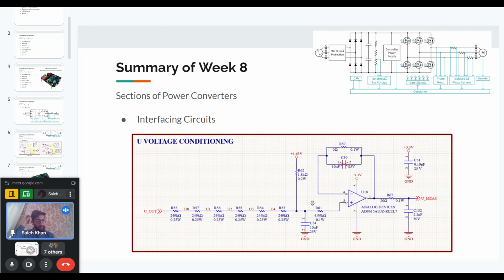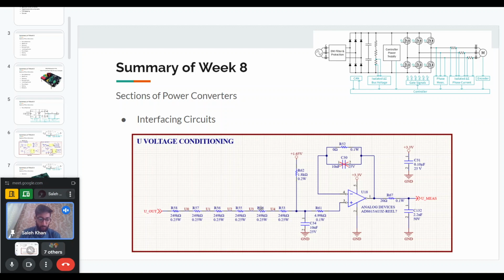What this means is your controller and your power converter may have different requirements, different voltage ratings and different current ratings. That is why we sometimes require some additional circuitry to transform these voltages and currents into different values.